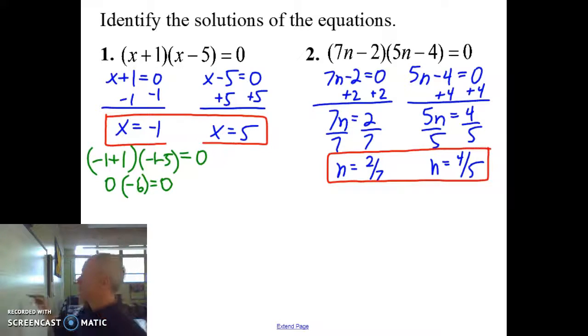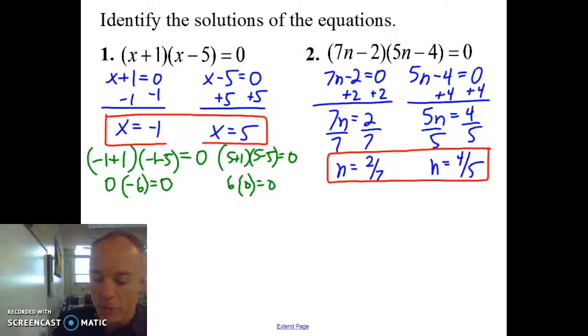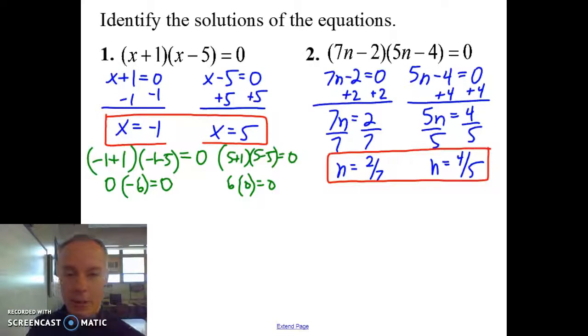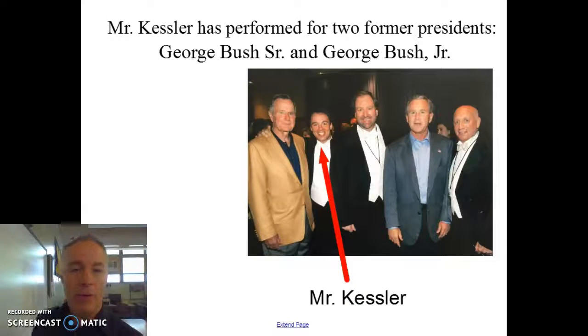How about 5? Yes, both solutions work. And as is the case in number 2, n equals 2/7 and n equals 4/5. Either one of those will give you a product of 0.